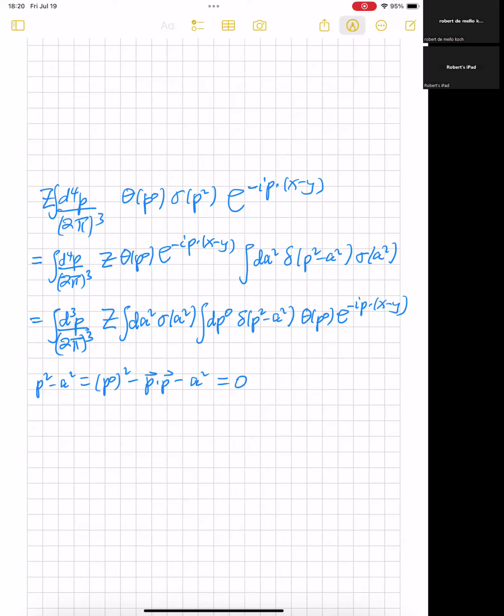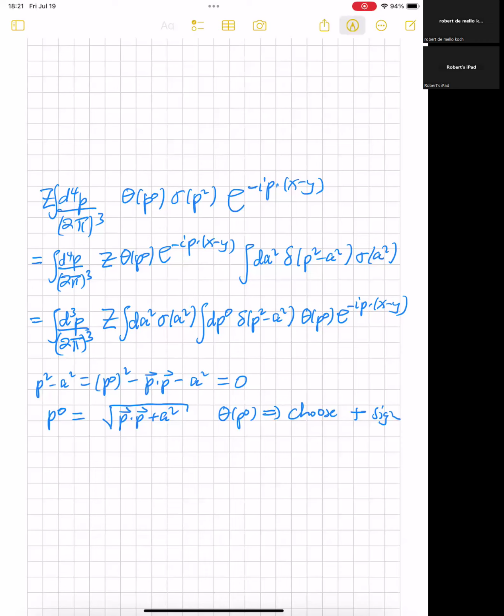So if we solve for p naught, we find that p naught is equal to the square root of p dot p plus A squared. And usually it should be plus or minus, but theta of p naught implies that we should choose the plus sign of the square root, because theta of p naught means that we only pick up the positive root, the root of p naught being positive. So that's the root that we're going to pick up.